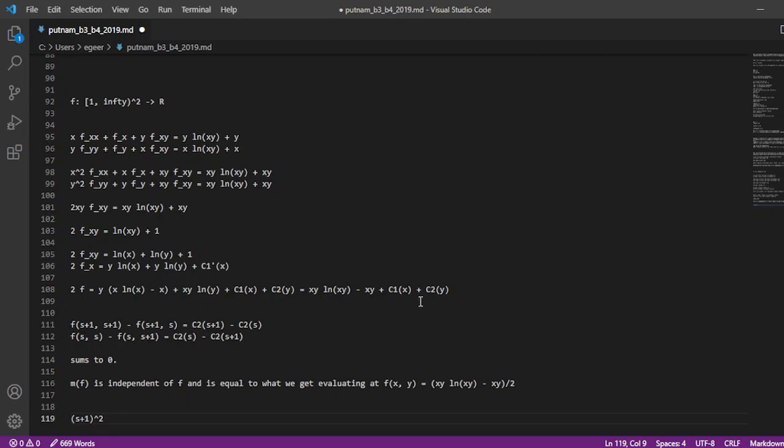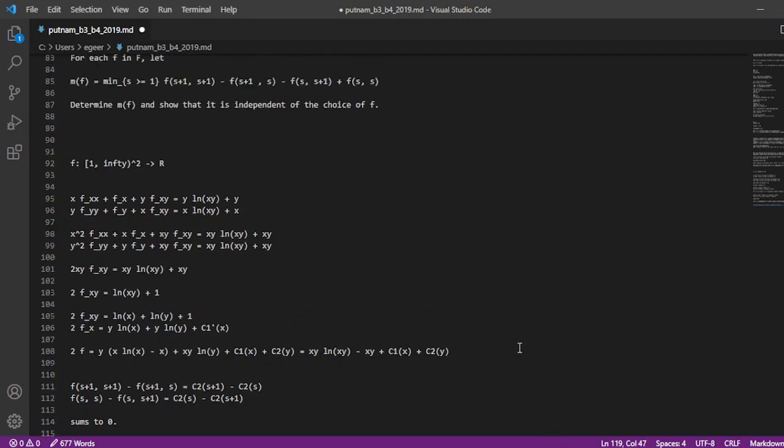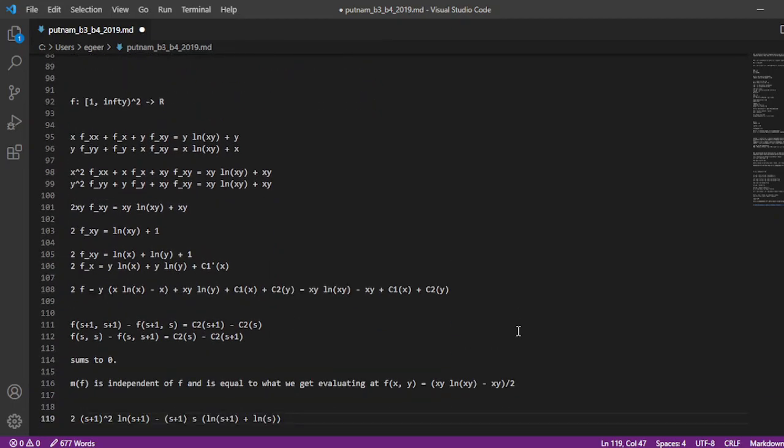Plus (s plus 1) squared ln, minus s plus 1, s, so plus ln s. So first I'm doing the xy ln xy term. And then we have a minus, sorry, s plus 1.